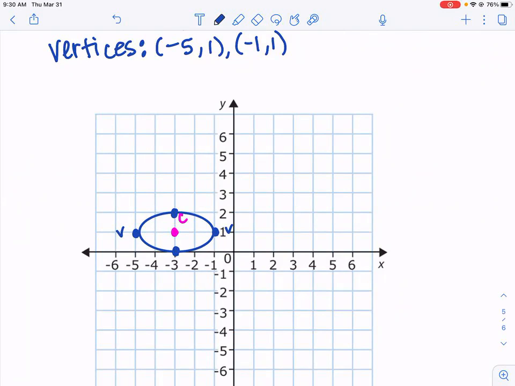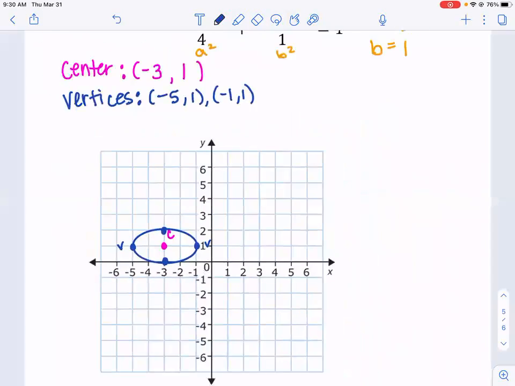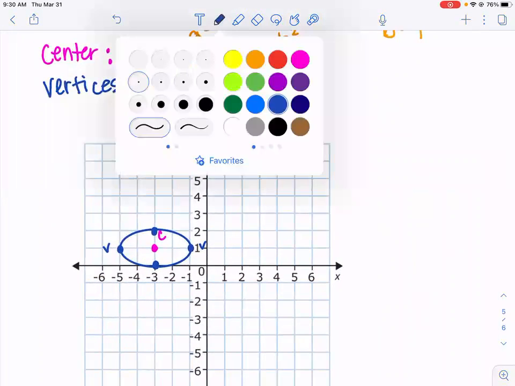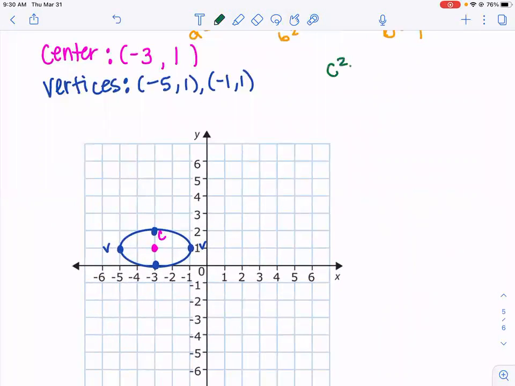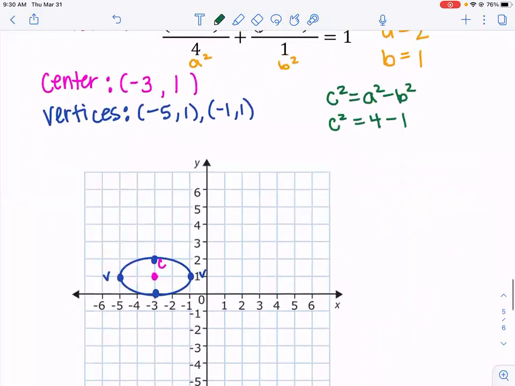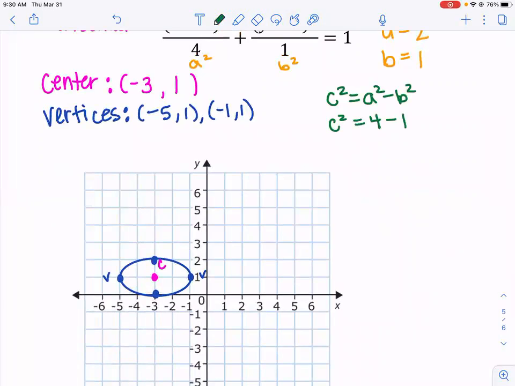Okay, now we need to plot our foci because really our foci are pretty important. Okay, so we decided that c squared is a squared minus b squared. Well, a squared is 4 and b squared is 1. I got those just from looking right here, our denominators.